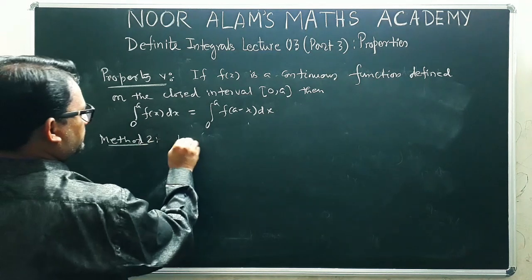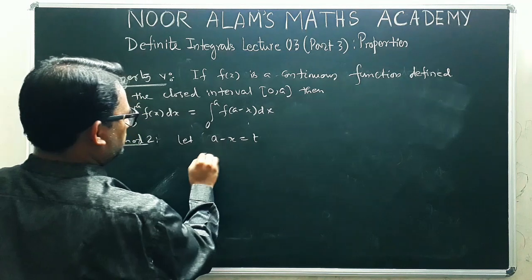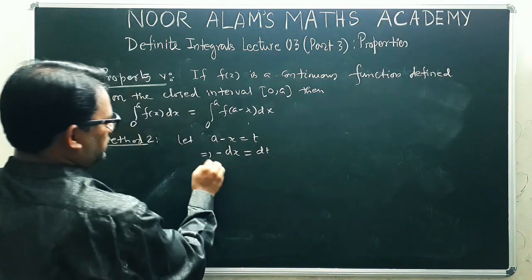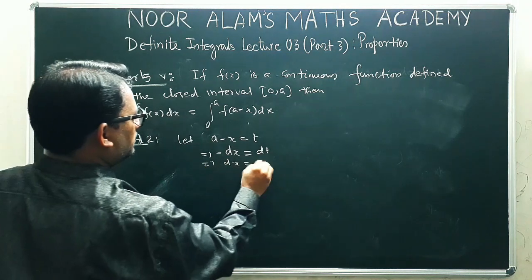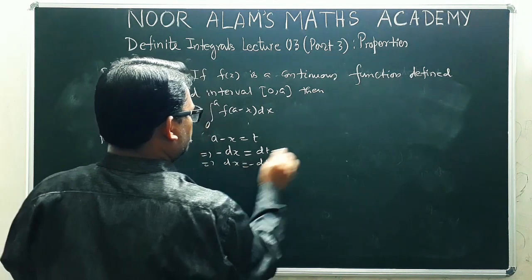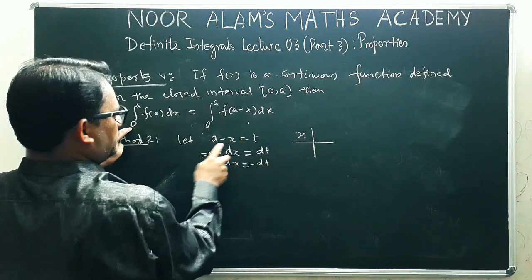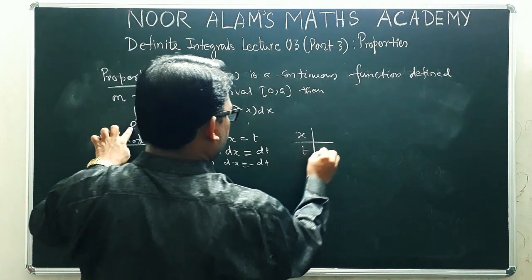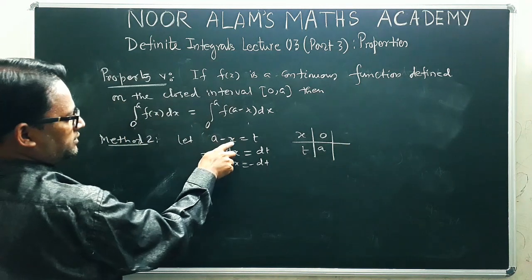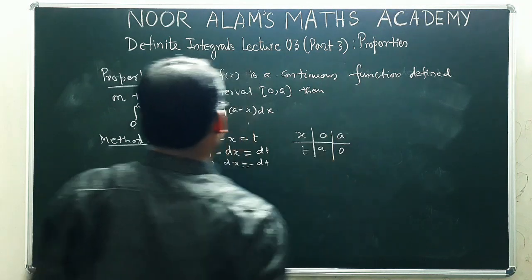Let a minus x equal to the variable t. Differentiating with respect to x, we get minus dx equal to dt, so dx equals minus dt. Now change the limits. When x is equal to 0, we get t equal to a. When x is equal to a, t is equal to a minus a, so t is equal to 0.